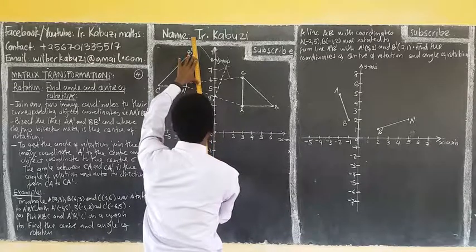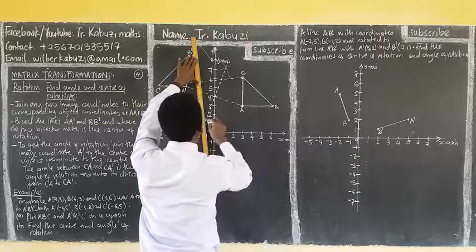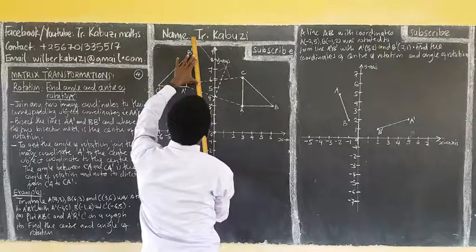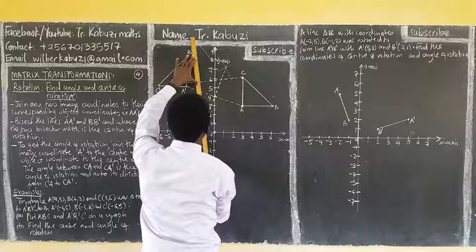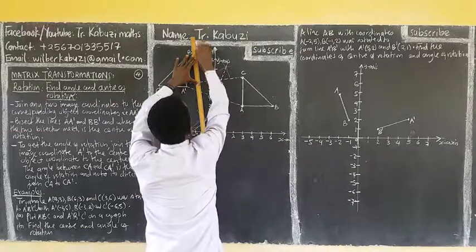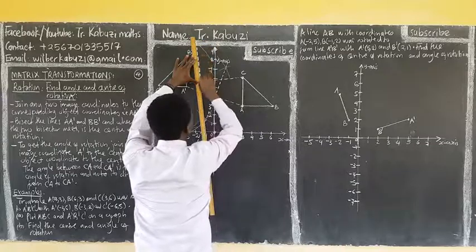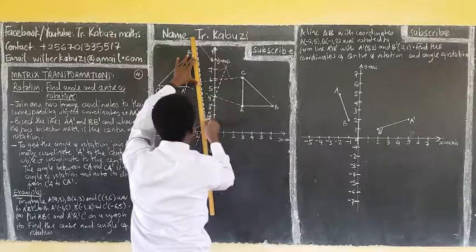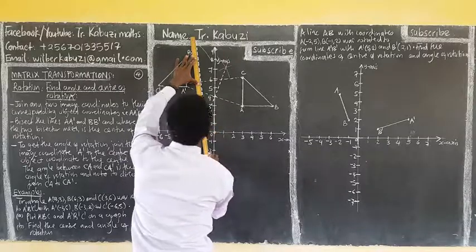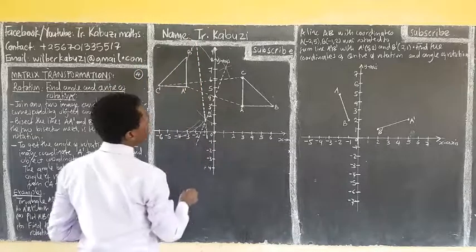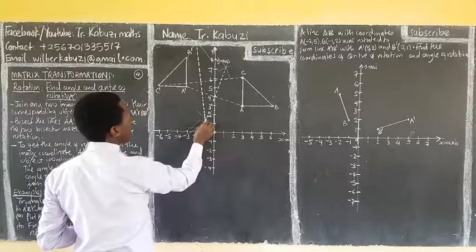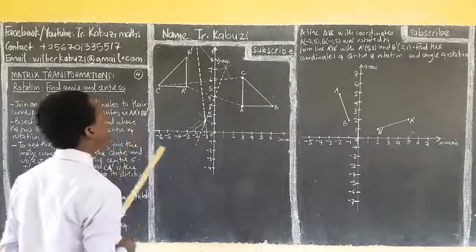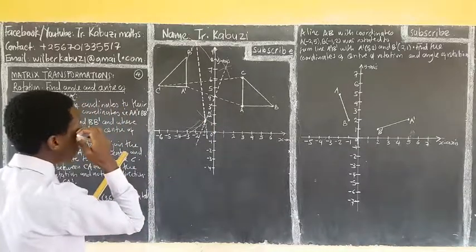So then I join these two, and join this to the bisector. That's where they are meeting. This one and this one are meeting at this point. So this point becomes my center of rotation.